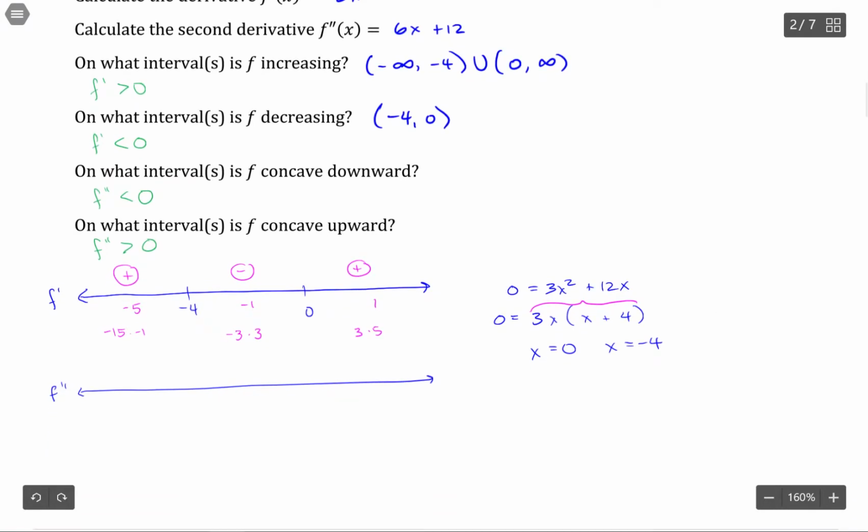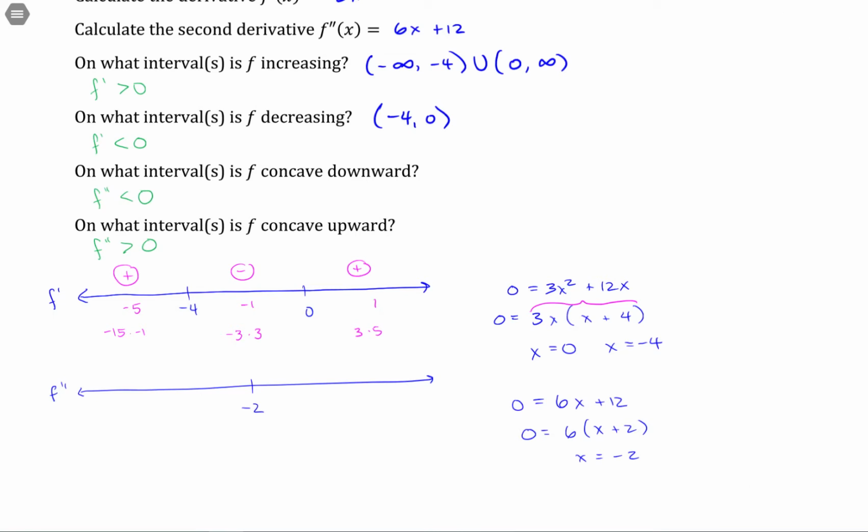So we start off finding the zeros of the second derivative. So I take 6x plus 12, set it to 0. Then that gives me effectively 6 times x plus 2. So I have a 0 at negative 2. All right, so negative 2 is called an inflection point, or it's a potential inflection point, I should say.